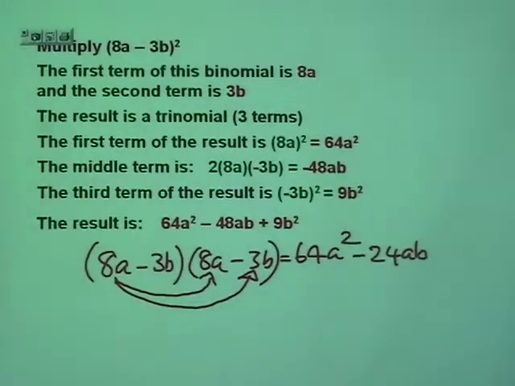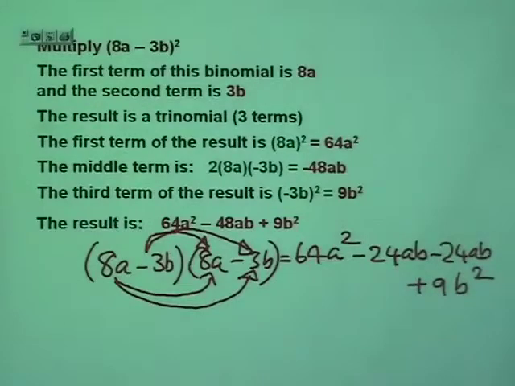Now multiply with negative 3b. What is negative 3b multiplied by 8a? That would be negative 24ab. Now multiply negative 3b by negative 3b. What is negative 3b multiplied by negative 3b? That will be plus 9b squared.